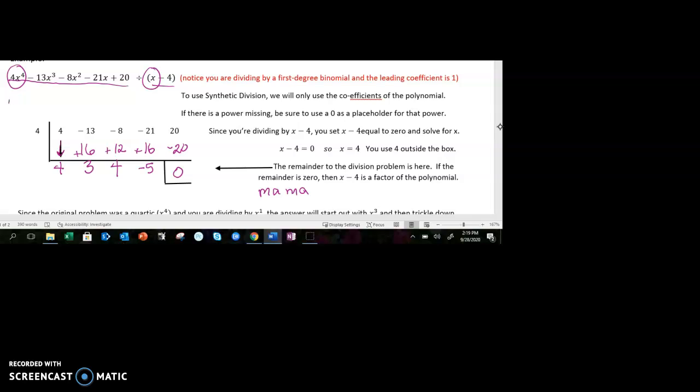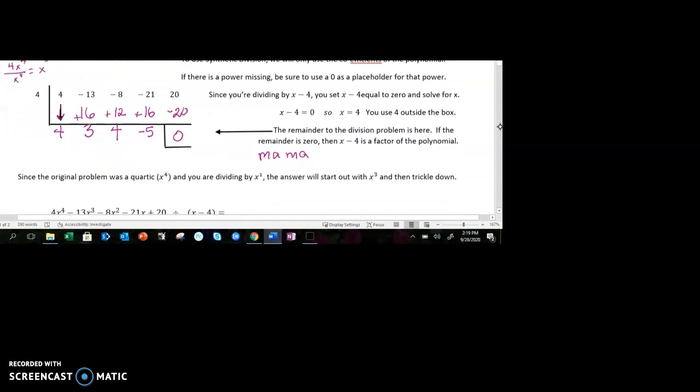So if I have a 4x to the fourth power and I divide it by an x to the first, my answer should start out with an x cubed. So if you don't understand what I mean there, you will always start out one power less than the original problem. So if the original problem was degree 4, your answer will be degree 3.